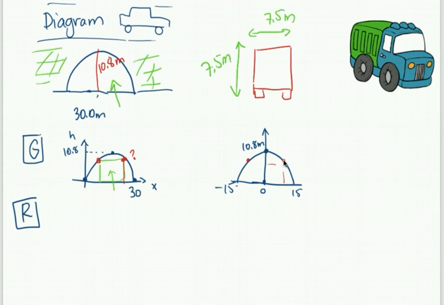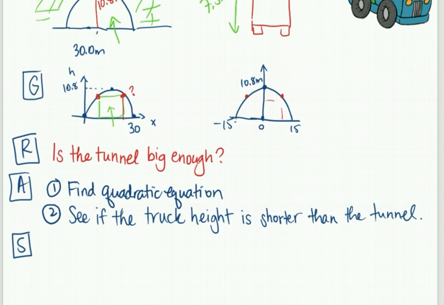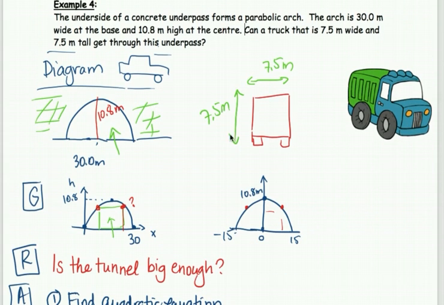So we need to figure out if the tunnel is high enough at that point there. Okay, so again, we know that the truck is 7.5 by 7.5. So even this way is 7.5, right? So looking at halfway here, half of 7.5 is 3.75.